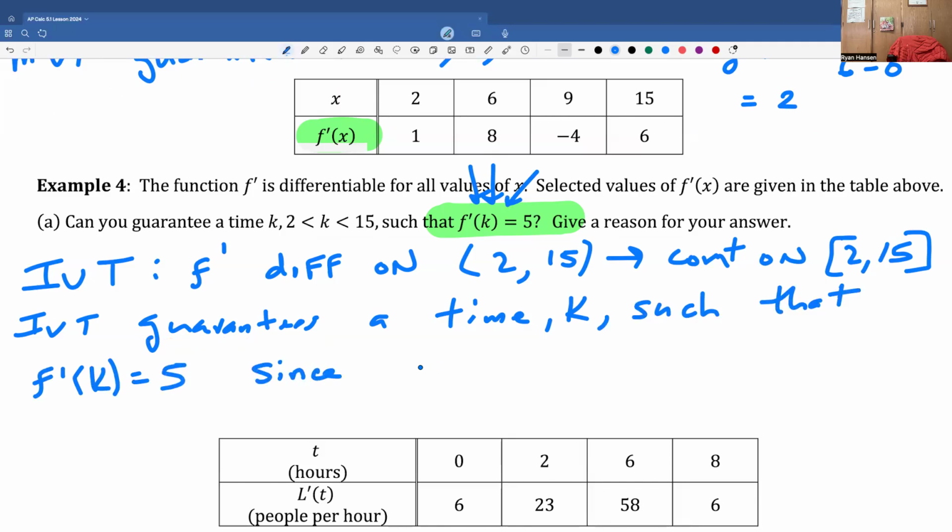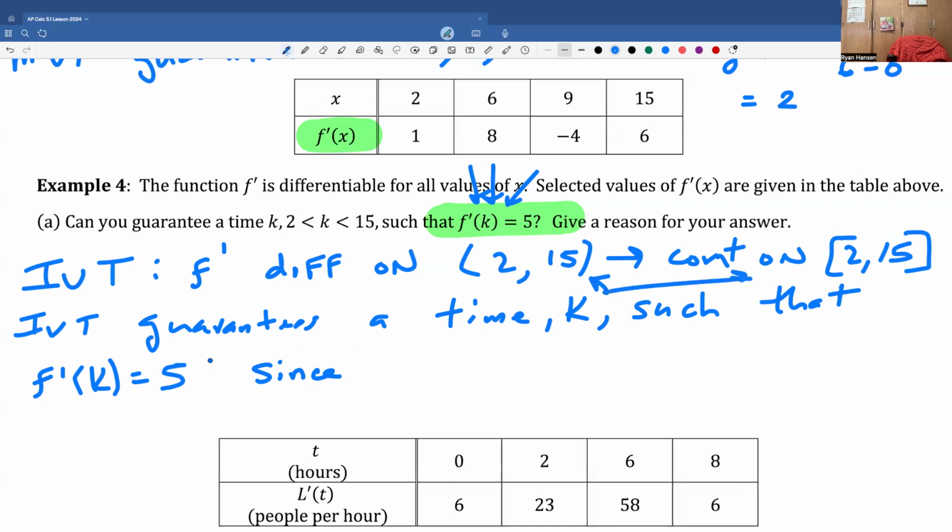Since, yeah, you know what? That's a tough one, probably, but we already did establish the intervals here. So is that implied? IVT guarantees a time K, probably on the interval. You're really right on the intervals, right?